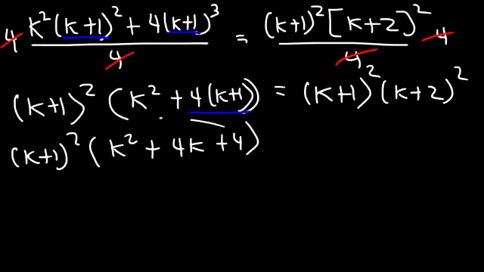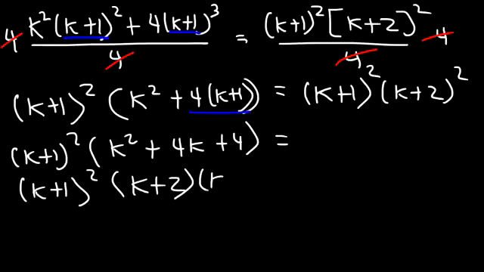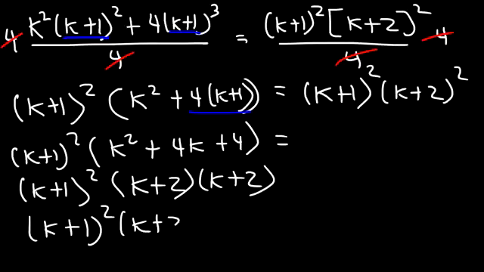Now, we have a trinomial that can be factored. So we need to find two numbers that multiply to 4 and add to 4 at the same time. So that's going to be 2. 2 times 2 is 4, 2 plus 2 is 4. So we can factor as k plus 2 times k plus 2. And so we can rewrite the left side as k plus 2 squared. And that's equal to the right side.